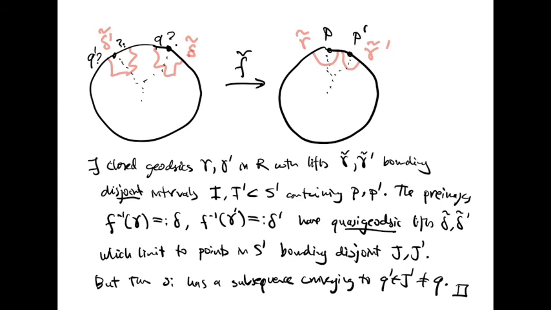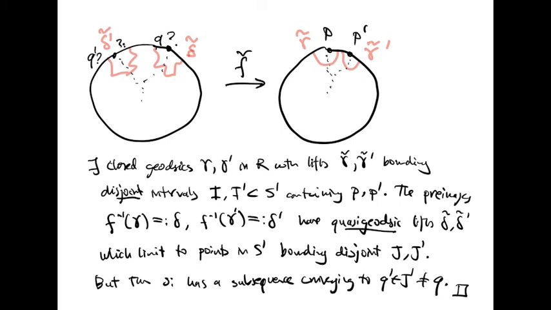Now, because R is equal to its convex hull, the limit set of R is the entire circle at infinity. This means that if we have two distinct points, P and P prime, at infinity, we can find compact geodesics gamma and gamma prime in R with lifts gamma twiddle and gamma twiddle prime, which bound disjoint intervals I and I prime contained in the circle so that P is in I and P prime is in I prime.